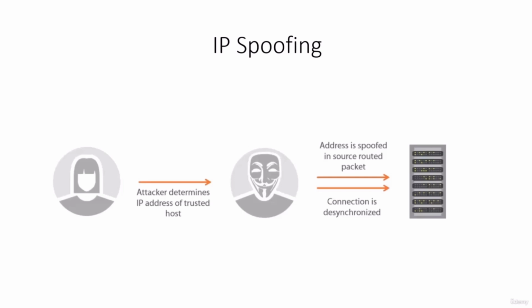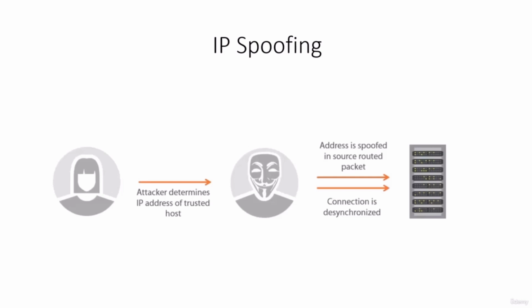IP spoofing for the purpose of network level session hijacking takes advantage of source routed packets. This is where the sender of a packet can partially or completely specify the route the packet takes through the network.